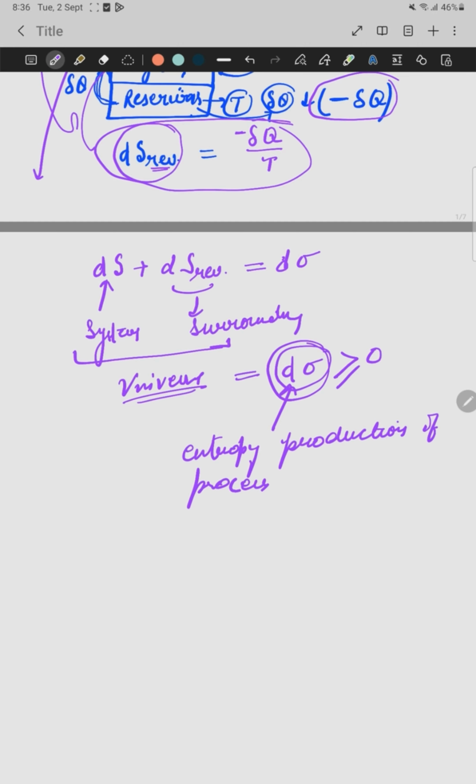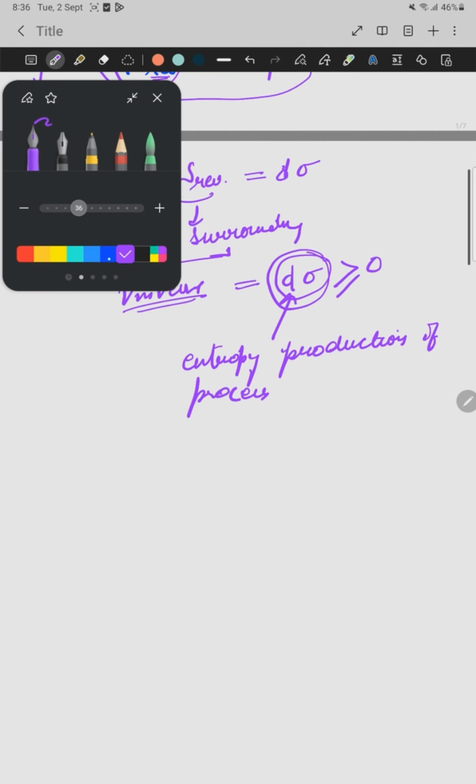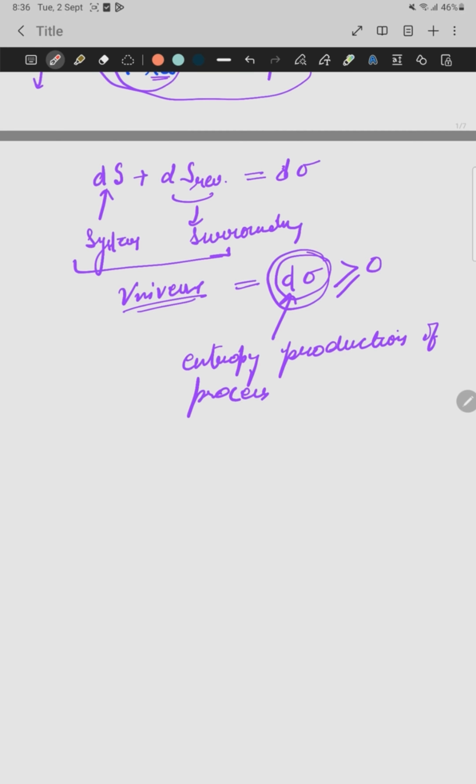So next we study the entropy production in three different types of flows. Number one, entropy production in heat flow.